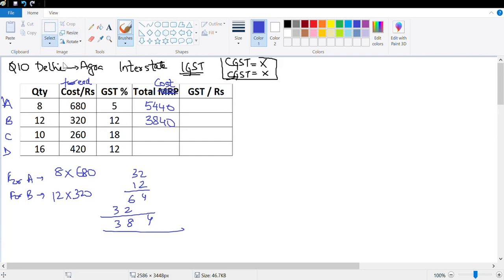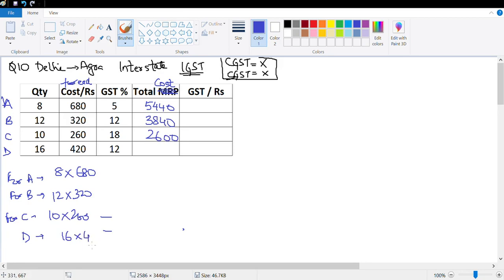Perfect. And for C, it will be 10 into 260. This one is simple, 2600. For D, it will be 16 into 420. Let's calculate.